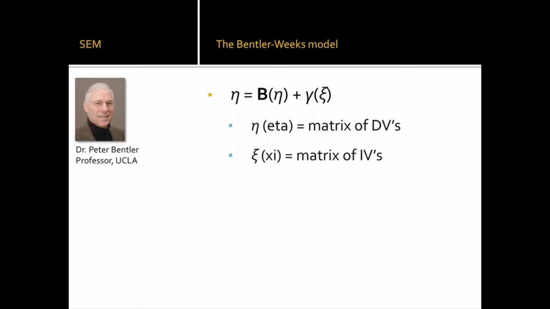That xi is pronounced psi, or I guess you could say it with a z, kind of sounds like xi if you wanted. I don't know. I looked it up on how to pronounce it. Some of you might have experience with Greek life, and you might have seen these letters and tried to pronounce them before. But anyway, these 2 matrices are just the lists of DVs and lists of IVs.